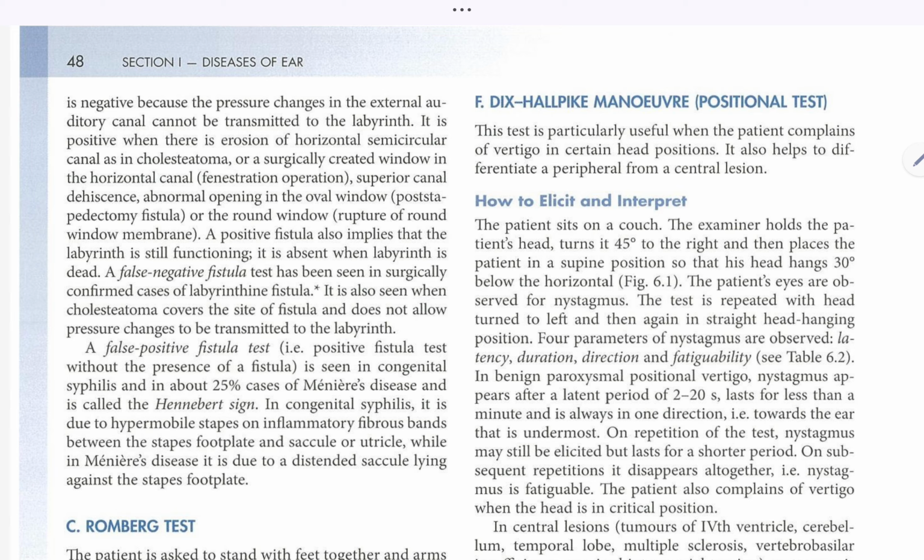A false positive fistula test, that is, a positive fistula test without the presence of a fistula, is seen in congenital syphilis and in about 25% of cases of Meniere's disease and is called the Hennebert sign. In congenital syphilis, it is due to hypermobile stapes or inflammatory fibrous bands between the stapes footplate and saccule or utricle, while in Meniere's disease, it is due to distended saccule lying against the stapes footplate.